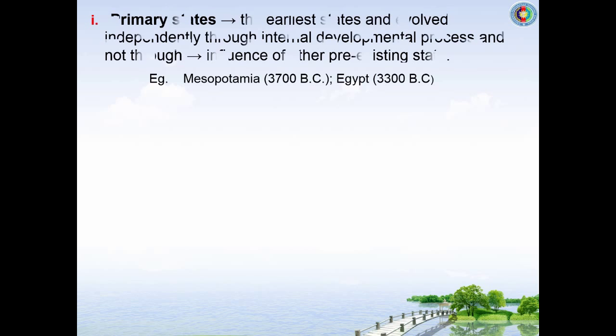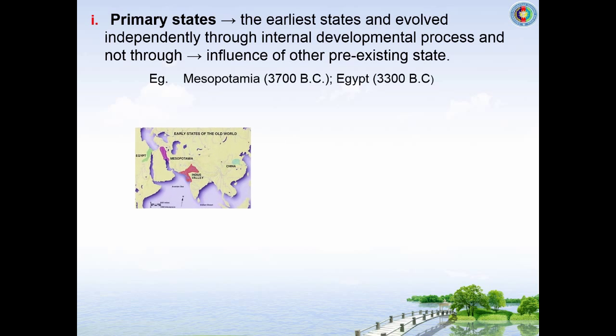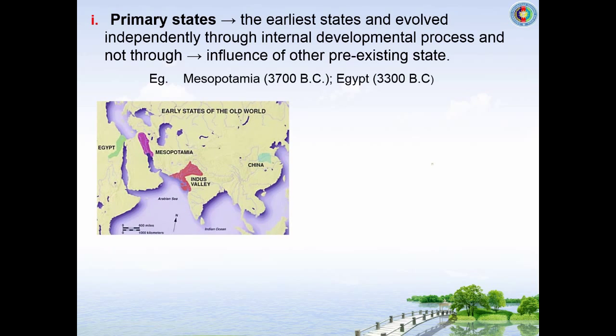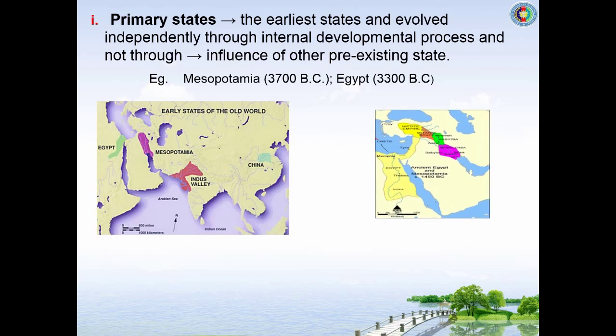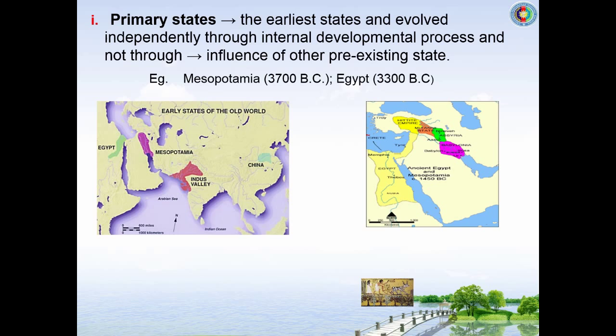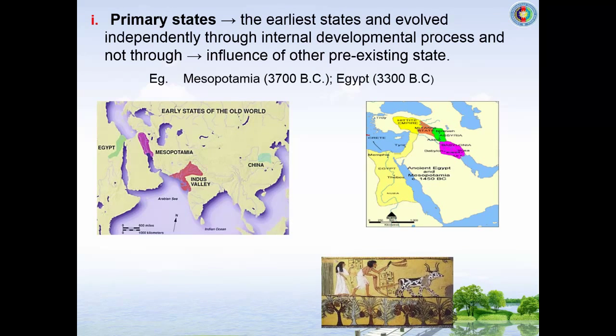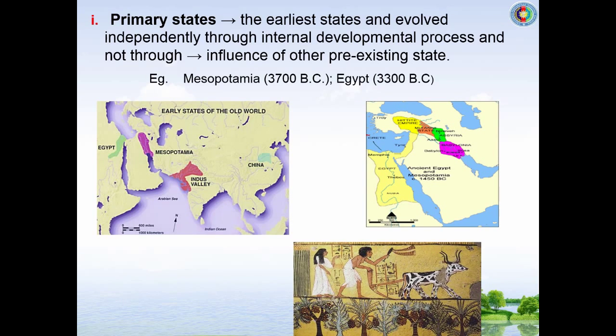Primary states are the earlier states and evolve independently through internal developmental processes and not through the influence of other pre-existing states. For example, the Mesopotamian states existed in 3700 before Christ and the Egyptian states in 3300 before Christ.